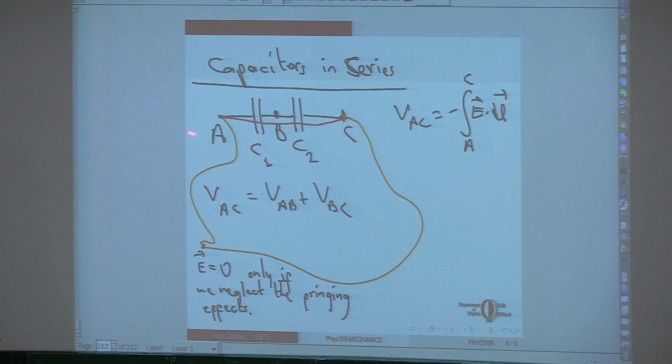And the sum of the potential differences between these 2 points should be equal to this one. And it should have the same value whether you evaluate this integral along this red path or along this orange path. But along the orange path, the only electric fields we have are these fringing electric fields.